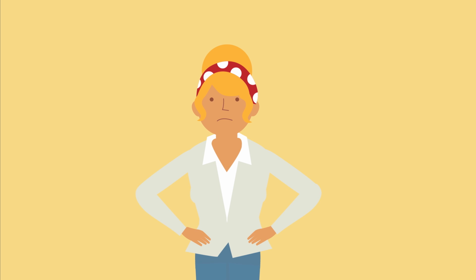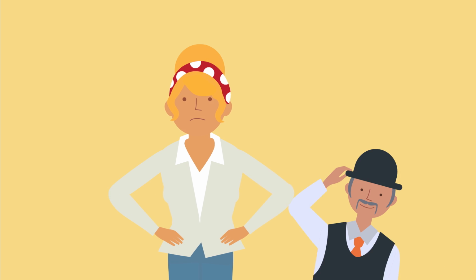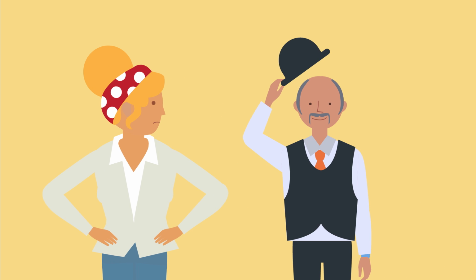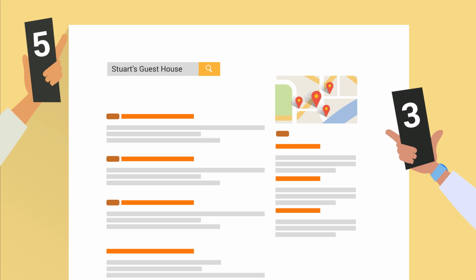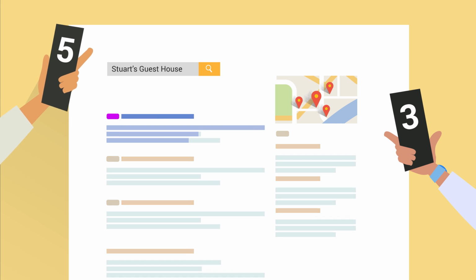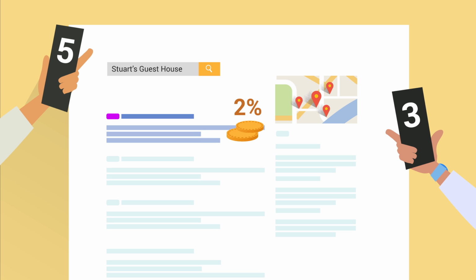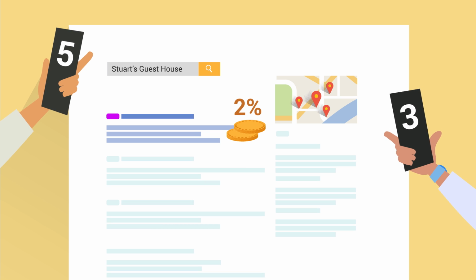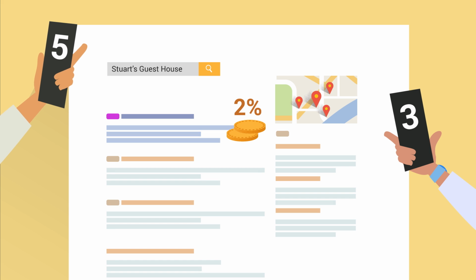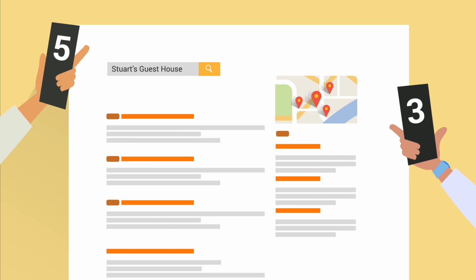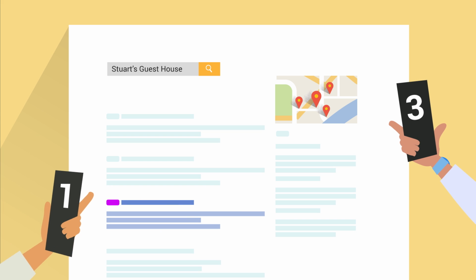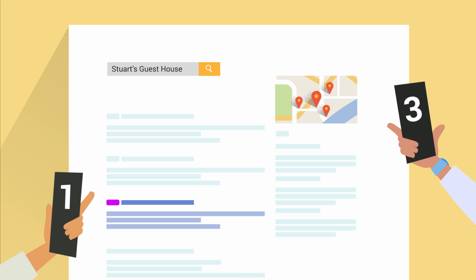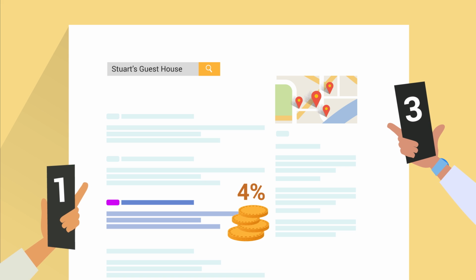Let's say you're not the only guest house in town, and you've got some competition from Stuart's guest house. You might see that when you bid enough to outdo Stuart and your ad is in the top spot, it results in a conversion rate of 2%. But if you keep digging, your analytics tool might also tell you that when you bid lower and end up underneath Stuart, you get a little less traffic, but your conversion rate jumps up to 4%.